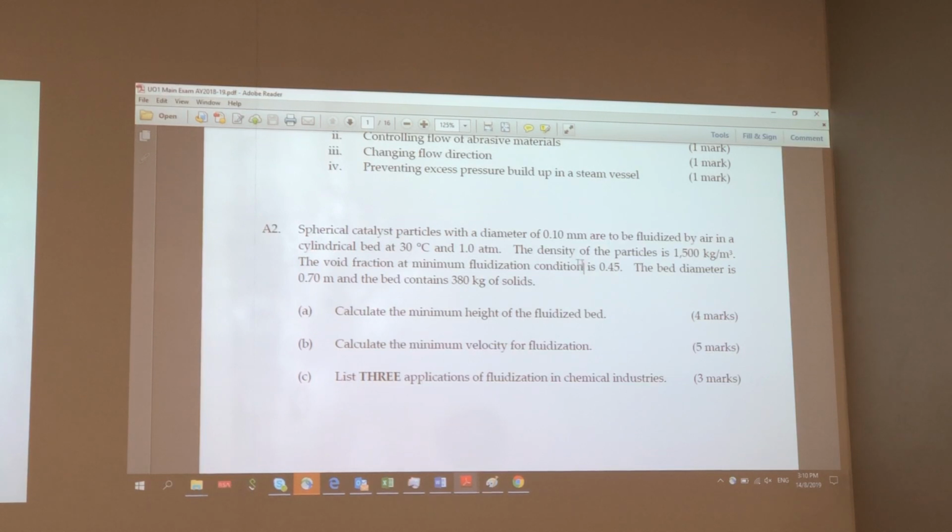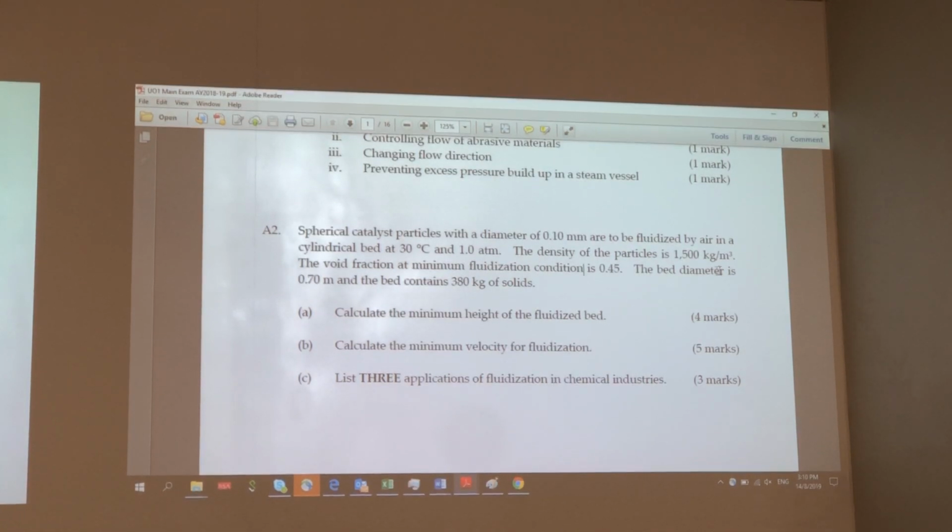The void fraction means the porosity. We have another name, porosity or void fraction. We write either epsilon or e, MF, minimum fluidization.